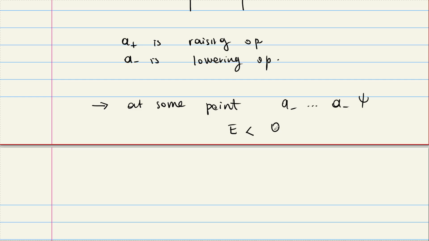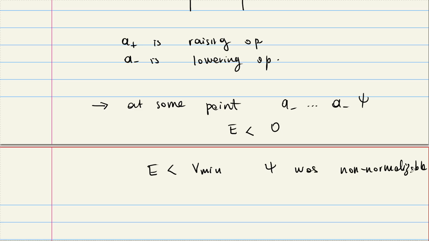I'm just curious. We had an exercise a couple of lectures ago, and your exercise was, whenever E was less than V min, you were supposed to prove psi was non-normalizable. I gave this as an exercise. If nobody did that, that's the point for you to do it.